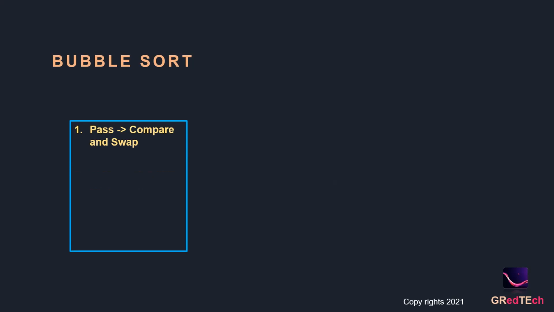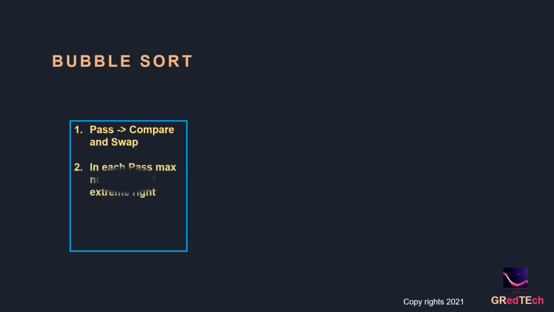In one pass, the comparison and swapping happen continuously. It first compares; if the pair is already sorted, it will not swap. If it is not sorted, it swaps.